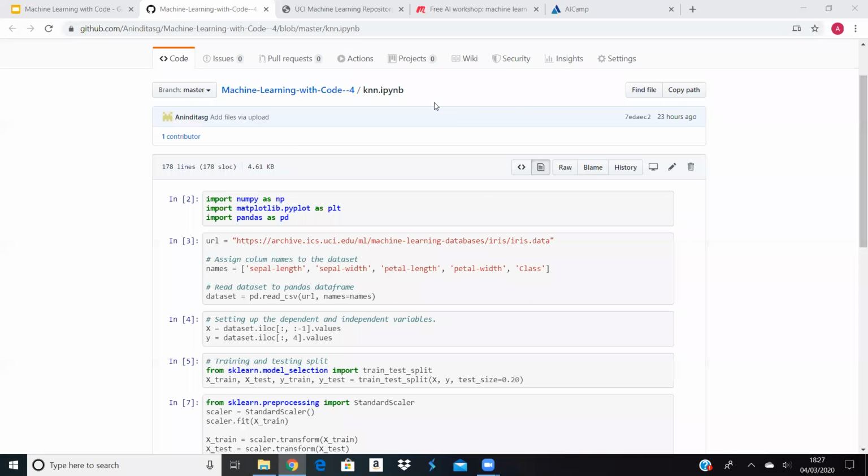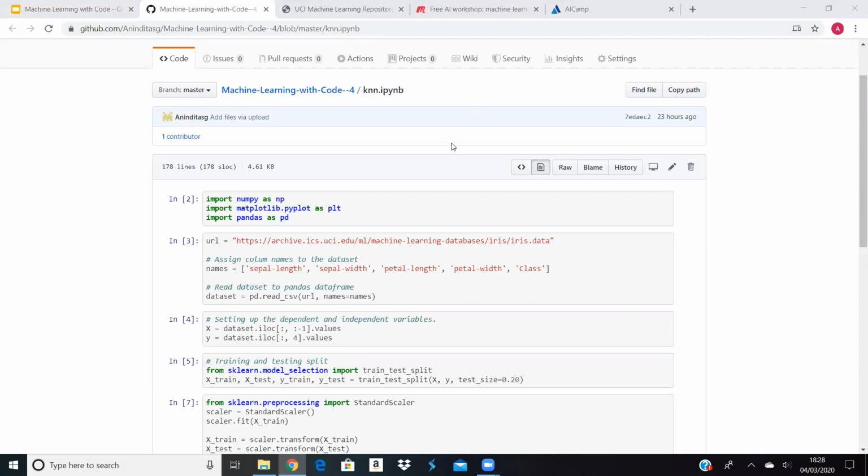Has anyone else faced the problem in cloning it? All right. So you could just copy and paste these codes into your own IDE to check how it works.